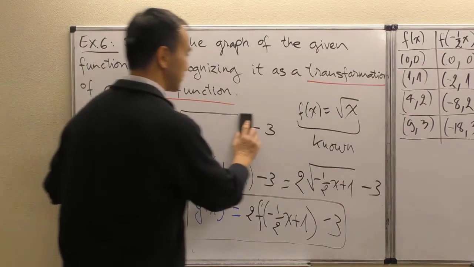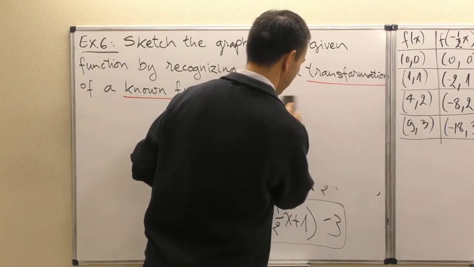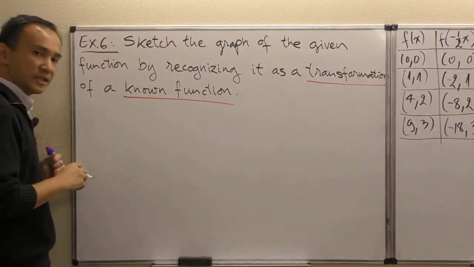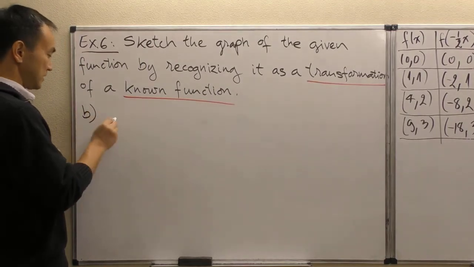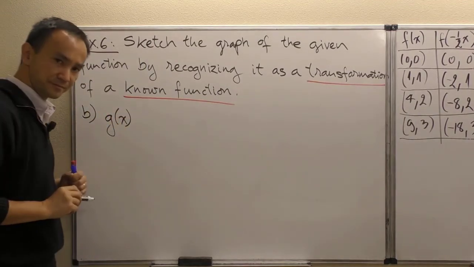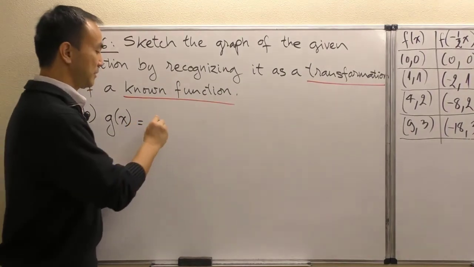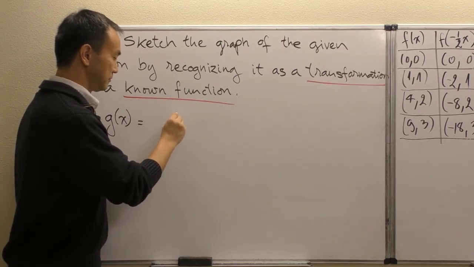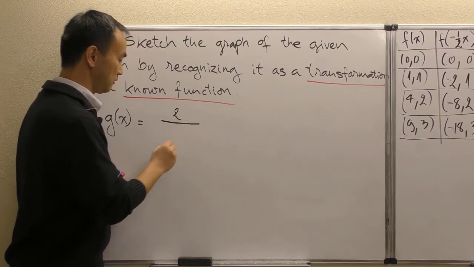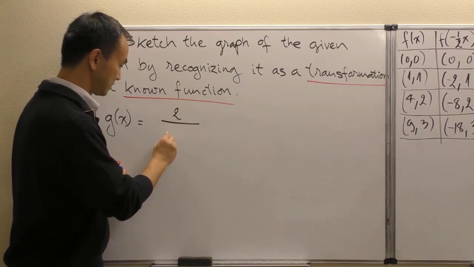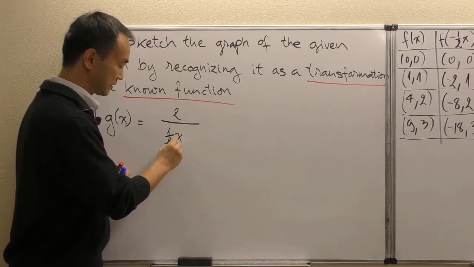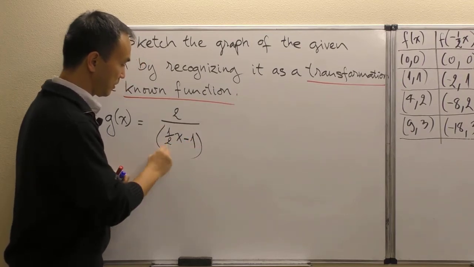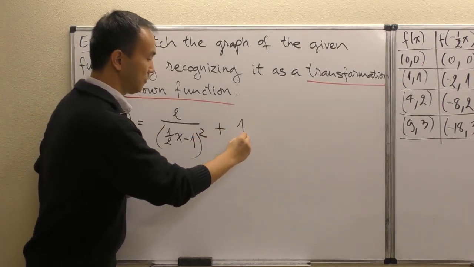Let's look at part B right here. For part B, why don't we look at g of x equals, and how about 2 over 1/2 x minus 1, all squared, and then plus 1.